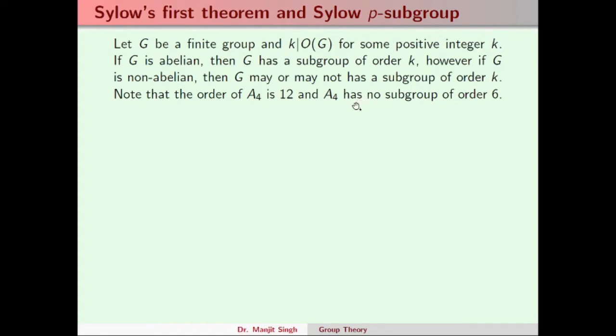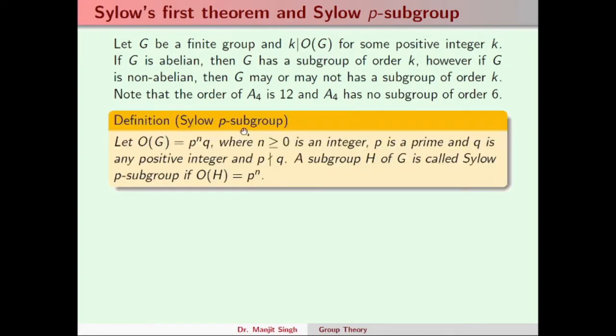In Sylow's theorem, we studied that if a prime power divides the order of G, then G has a subgroup of that prime power order. So this is the Sylow P-subgroup definition here.